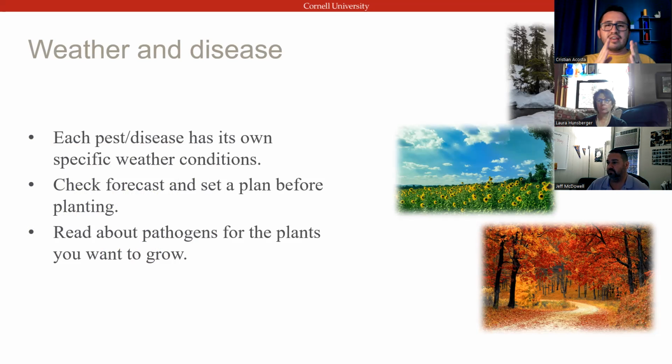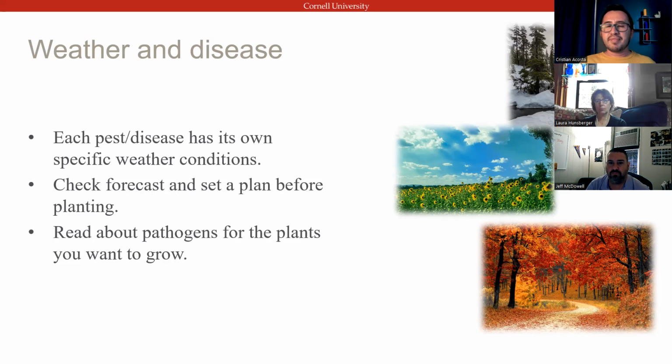Every pest and disease has its own specific weather conditions. So in the next session, I will show you something called the disease triangle: with the perfect environment and the perfect conditions, you can almost be sure that a disease is going to happen when everything is present at the same time.